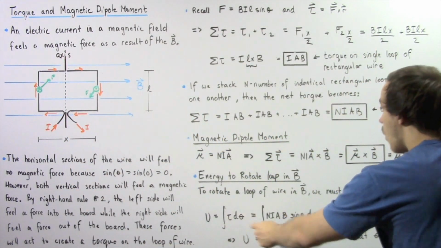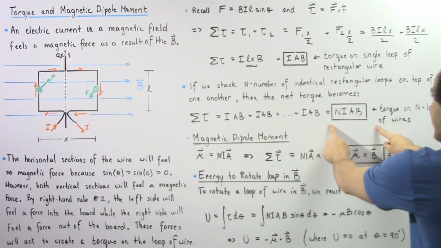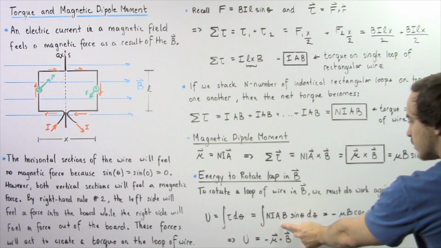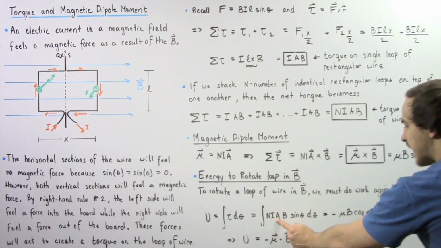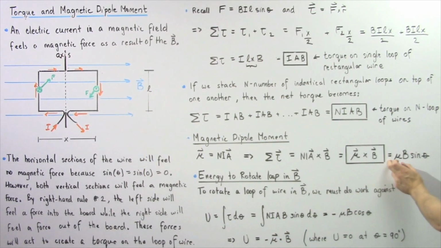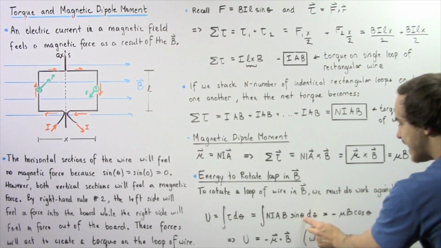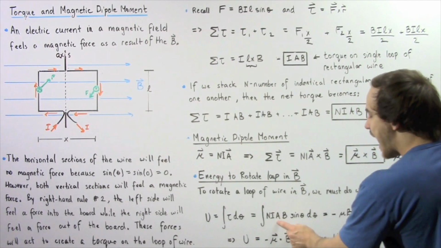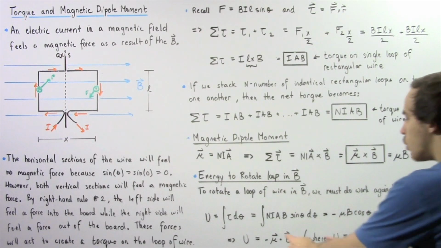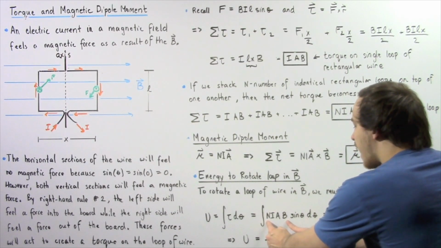So, since torque is equal to this equation, we simply replace it with this result. N multiplied by I multiplied by A, which is simply our mu, multiplied by B, multiplied by the sine of the angle theta, where the angle theta is simply the angle between our magnetic field vector and our area vector.